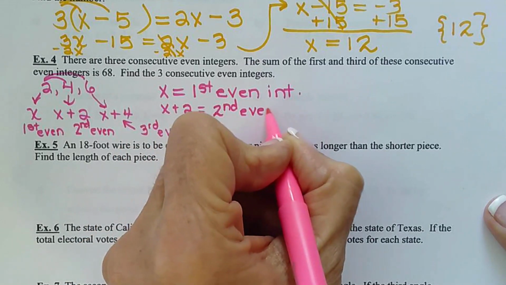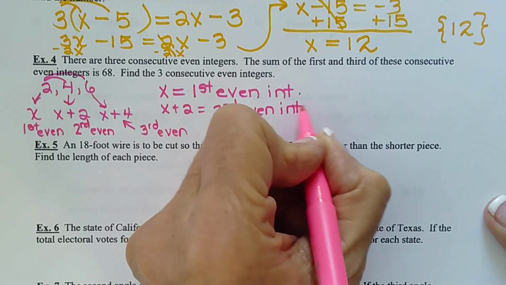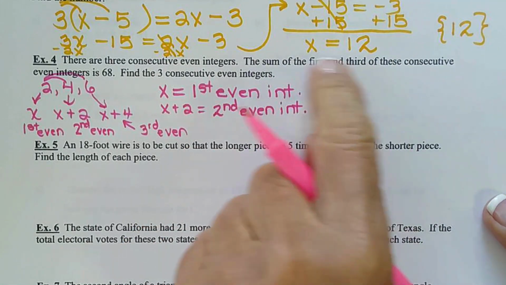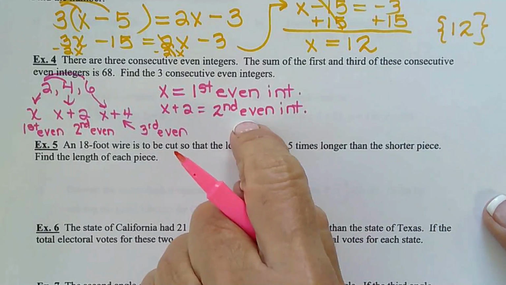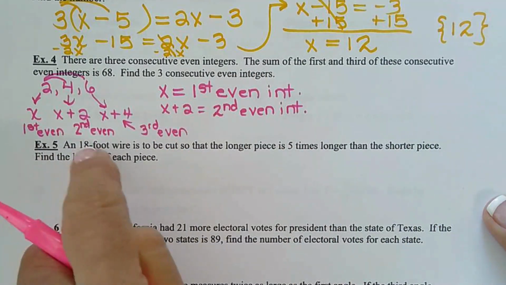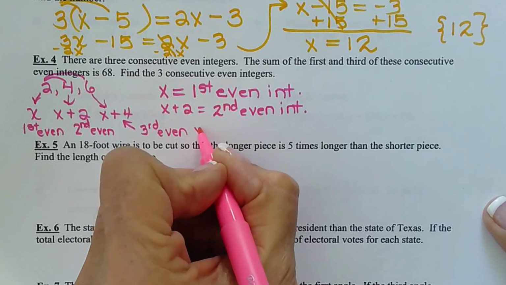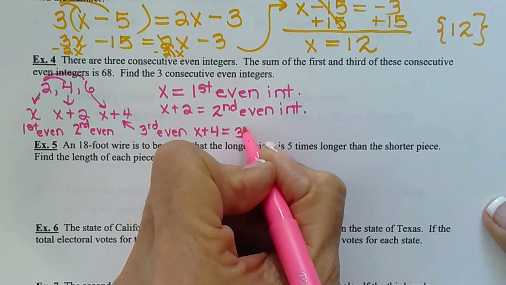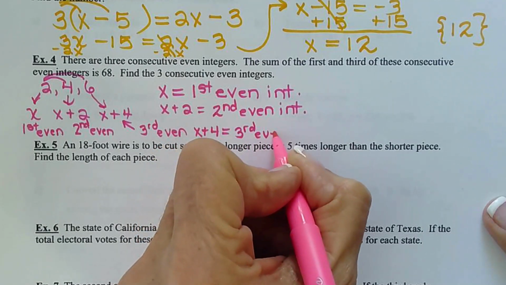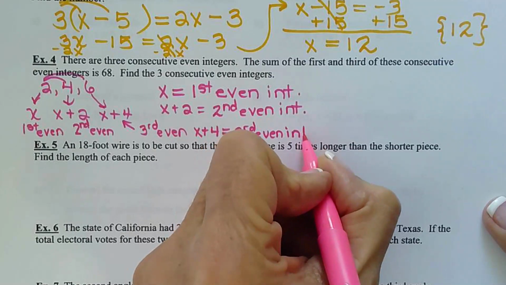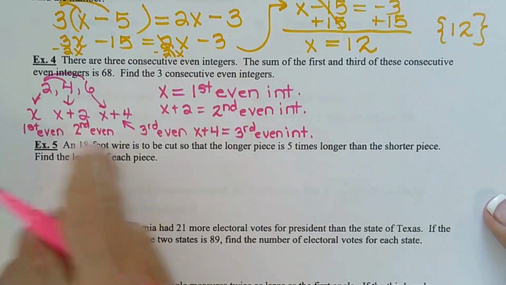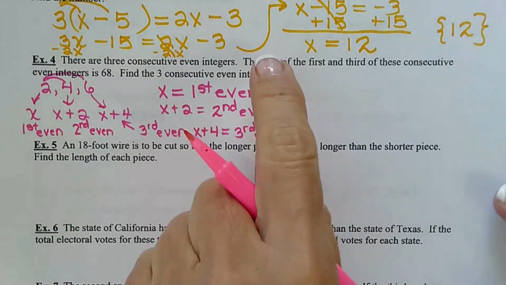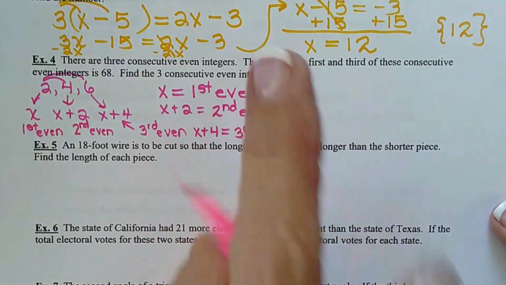And you know from the wording from ones we did earlier, I have to know which one's the first and which one's the third. So you want to label them just like we are. x plus 4 is the third even integer. After that, it's a direct translation problem. Sum means add.